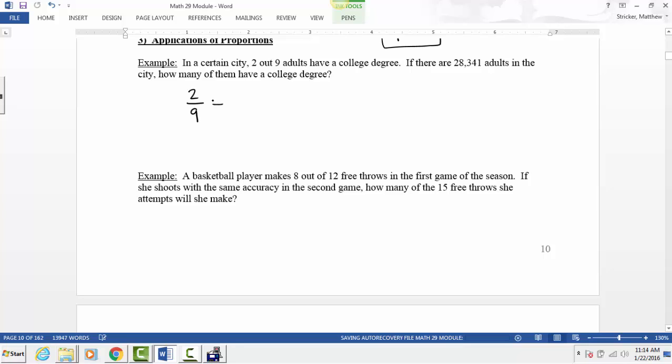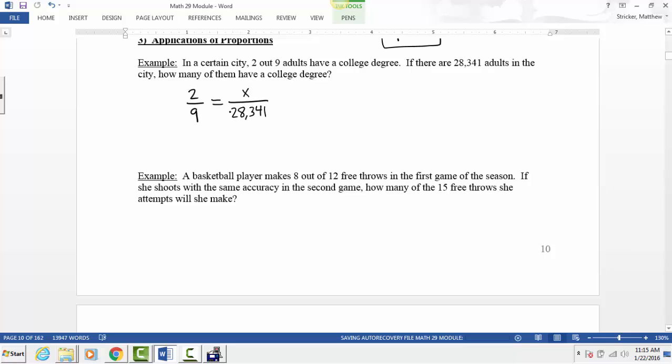We're going to use a proportion to solve this because we know 2 out of every 9 have a college degree. It says if there are 28,341 adults in the city, how many of them have a college degree? So how many out of 28,341 have a college degree?